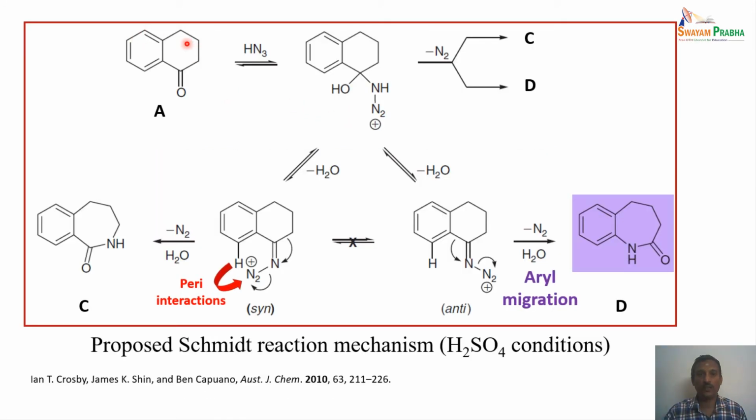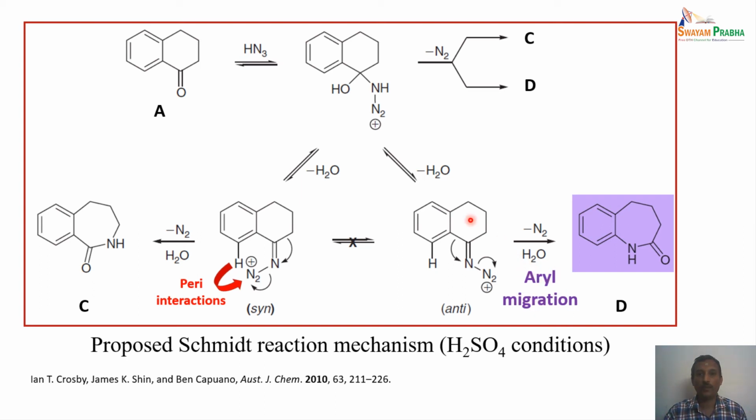We have seen that the compound A, as shown here, undergoes Schmidt reaction to give two different products. One is C and another one is D. So why these two products are formed, and what is the reaction mechanism by which they are formed, we will be looking at now. As mentioned earlier, if we are using sulfuric acid, then this Schmidt reaction produces the compound D, where aryl migration takes place.